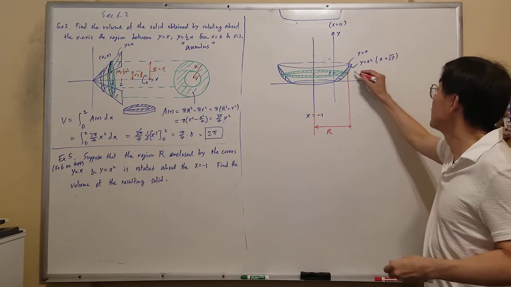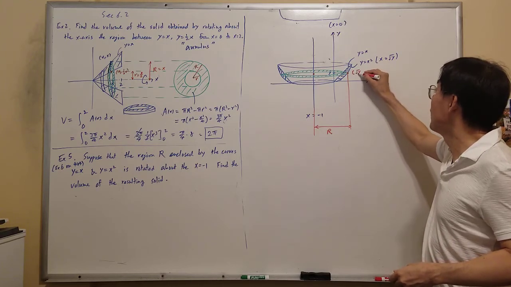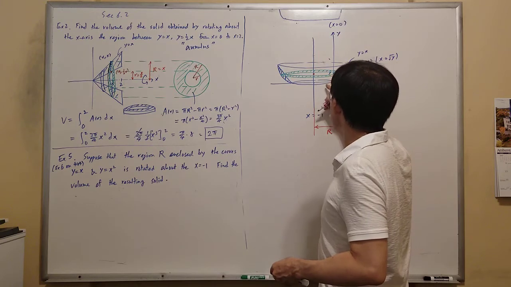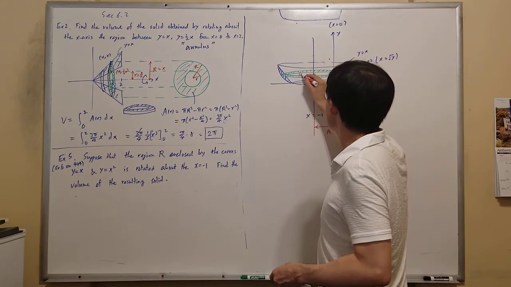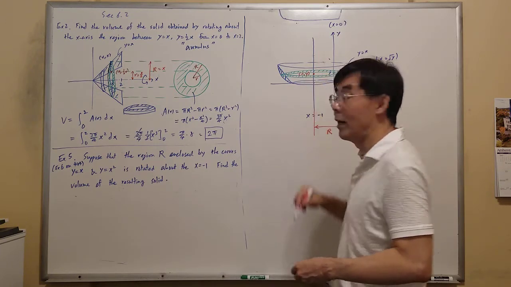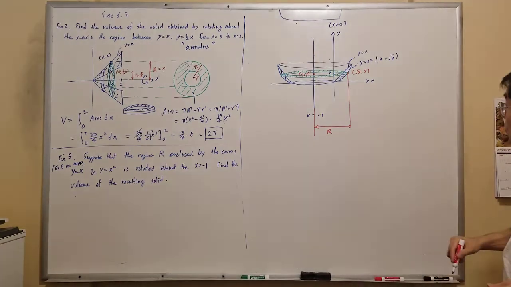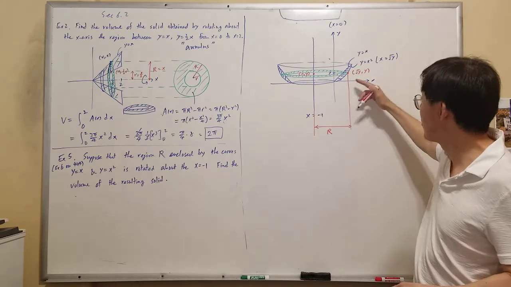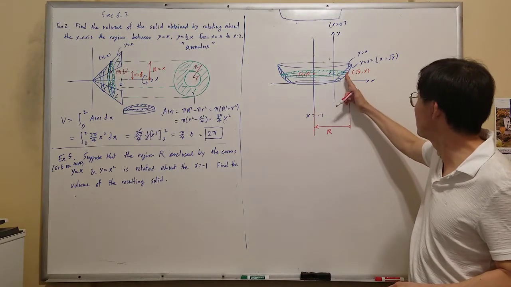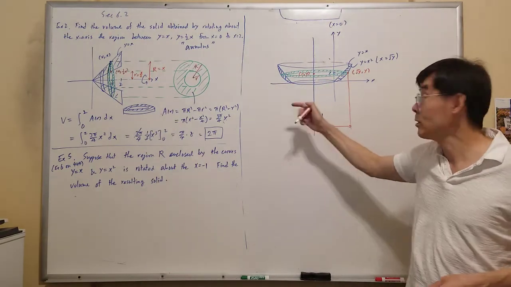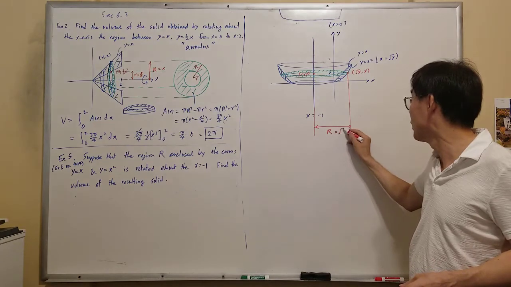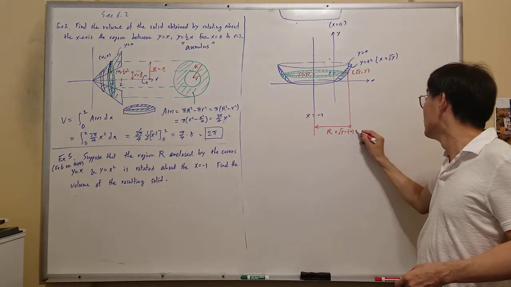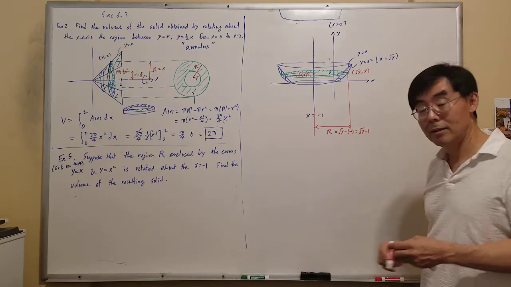And this one is x equals -1 for given y. So this time your capital R, the outer radius, is this x coordinate minus this x coordinate, the horizontal distance. So square root of y minus -1, which means square root of y plus 1.